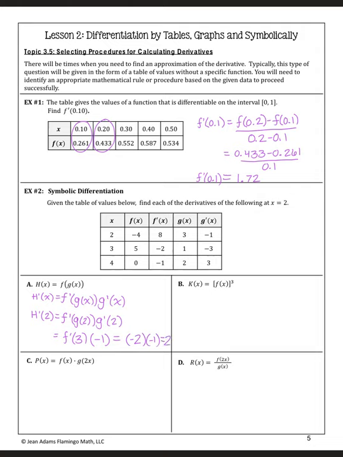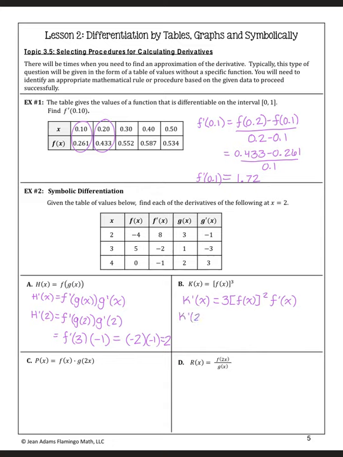Let's look at b. So we have k of x is equal to f of x cubed. In this case, if we wanted to find the derivative, we would need to use the power rule and chain rule. So we take the derivative of the outside, so we would have 3 times f of x squared, and then we need the derivative of the inside, so f prime.